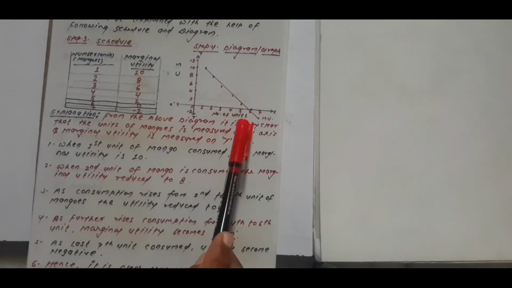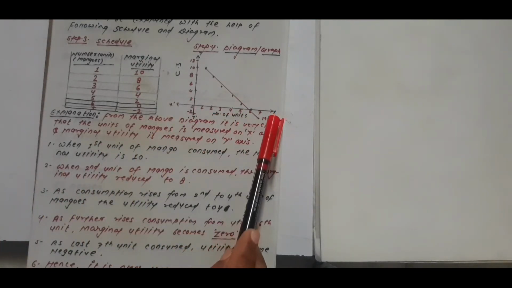First, the number of units is on the x-axis, and the MU, the marginal utility, is on the y-axis. So first of all we have to write that number of units is measured on the x-axis and marginal utility is measured on the y-axis.